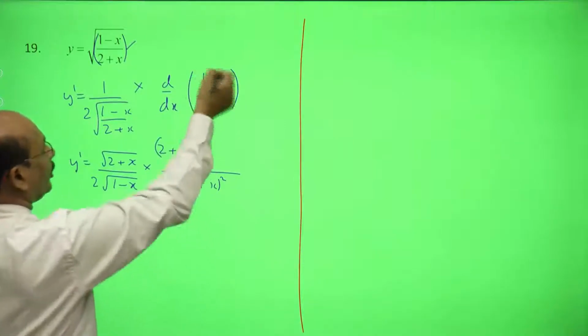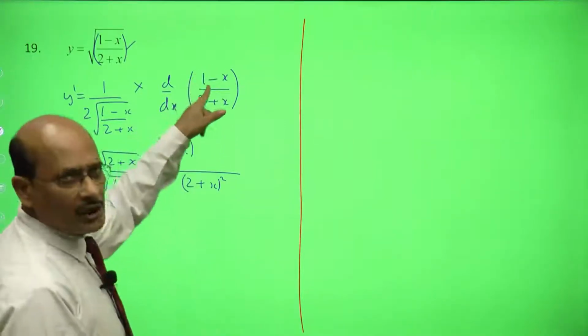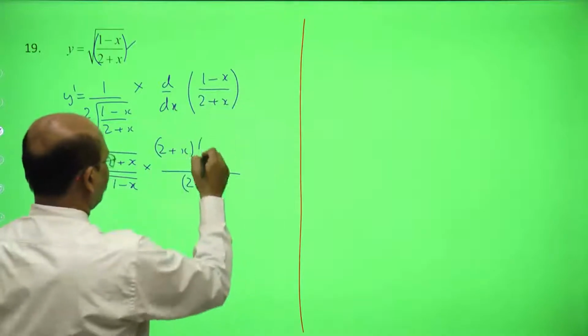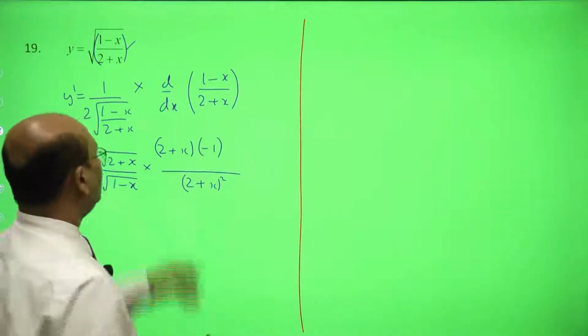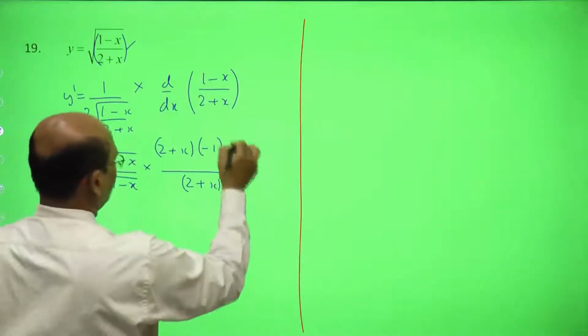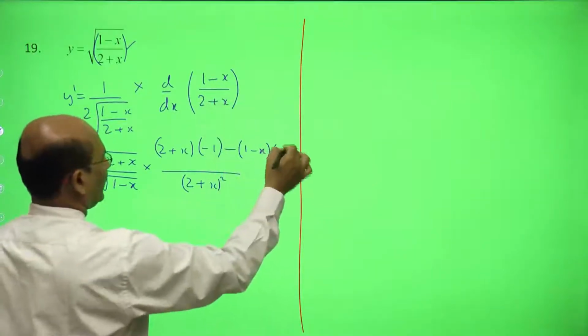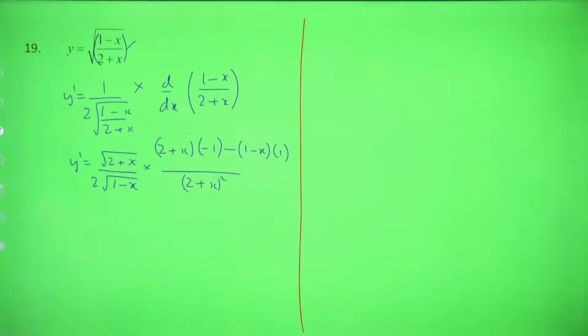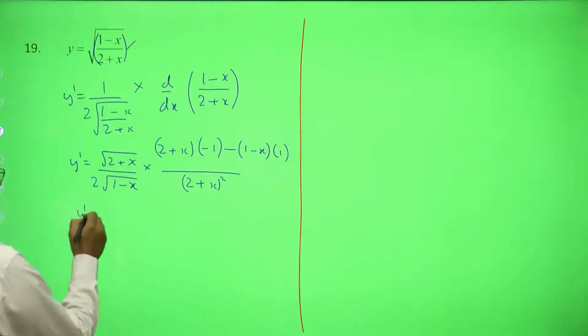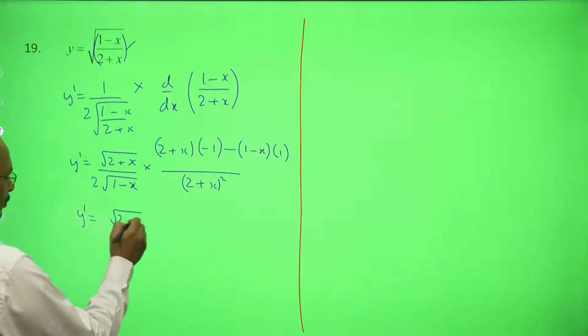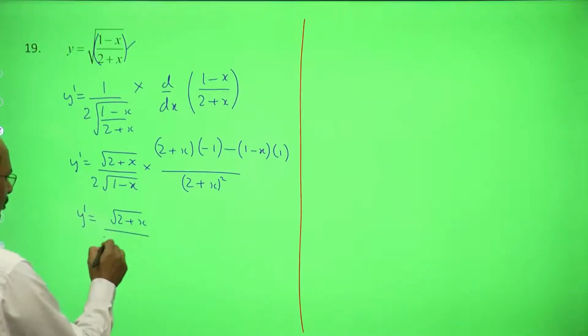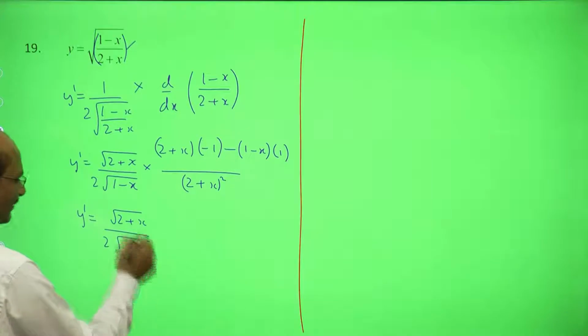Now derivative of 1 minus x: derivative of 1 is 0 and derivative of minus x is minus 1. v derivative of u minus u derivative of v. I directly did the step because they are simple functions. Now let us see what happens here. So y dash will eventually be 2 plus x upon 2 root 1 minus x. I am not touching this.